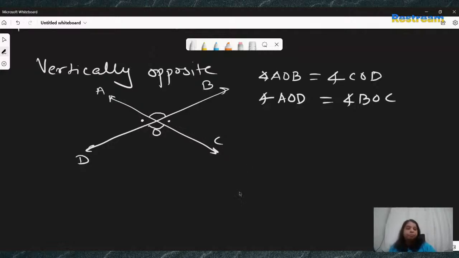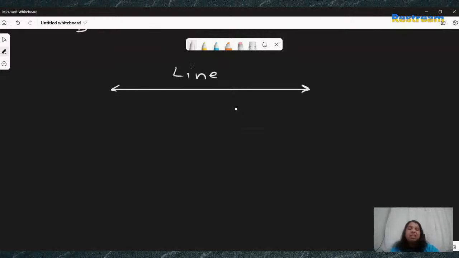looking at angles. Next one, we are going to talk about lines. Okay. So mathematically, a line is a collection of points, okay, which keeps on going on both ends. So this is a line, mathematically speaking. So a line doesn't have an end. It keeps on going. It doesn't have a specific measurement.